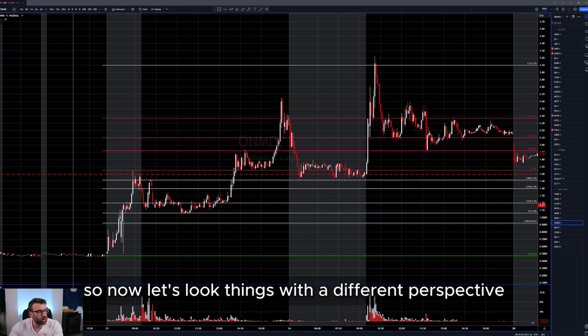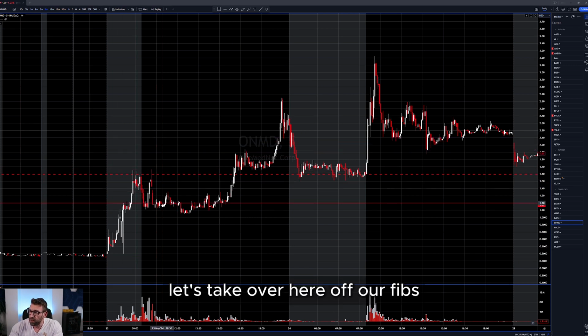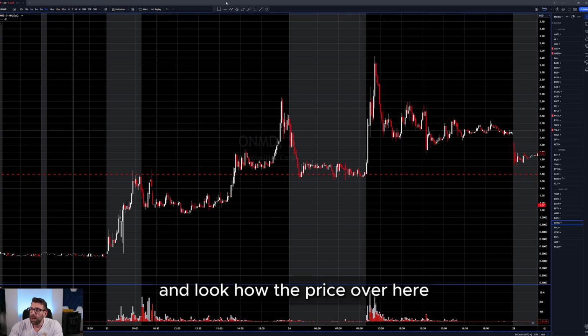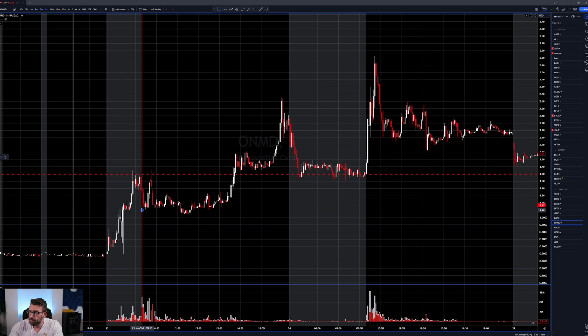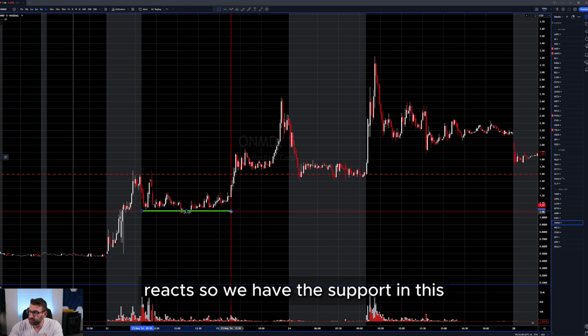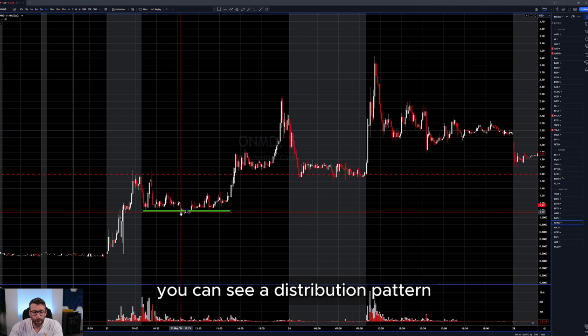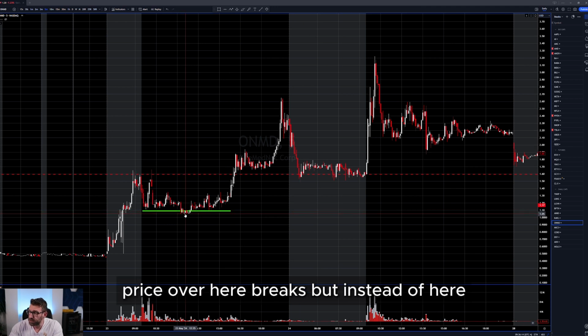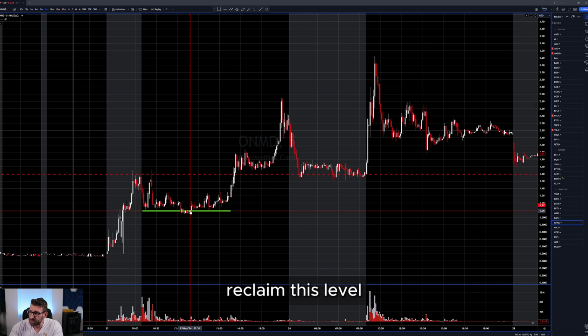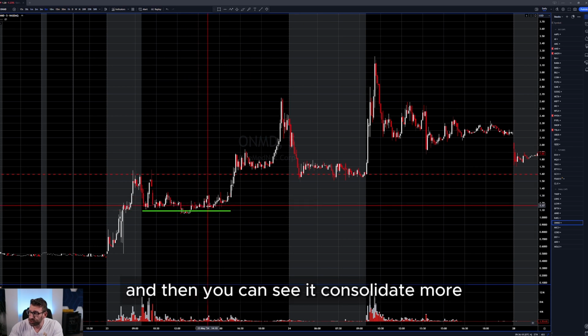So now let's look at things with a different perspective. Let's take off our fibs and look at how the price reacts. So we have the support. In this, you can see a distribution pattern. Price over here breaks, but instead reclaims this level, and then you can see it consolidate more.